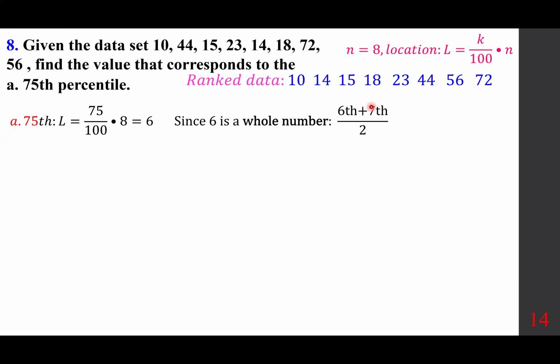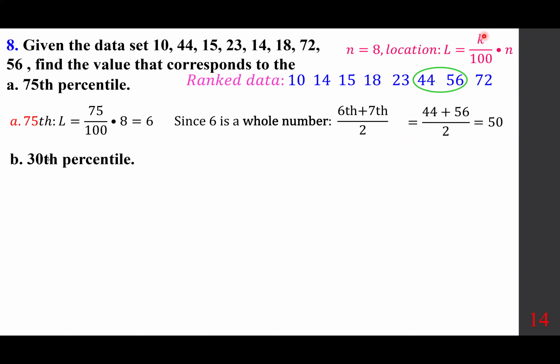The 6th one is 44. The 7th one is 56. Add them up, divide by 2, and you get 50. Whenever it's a whole number, that's the process.